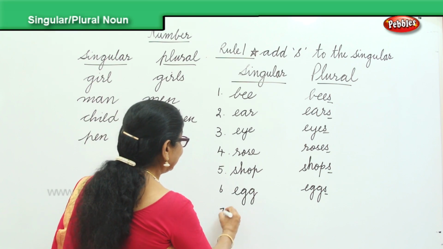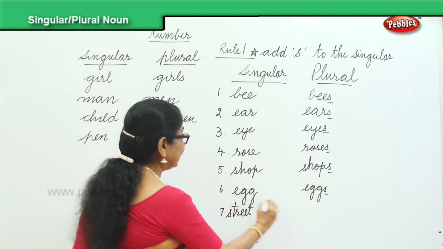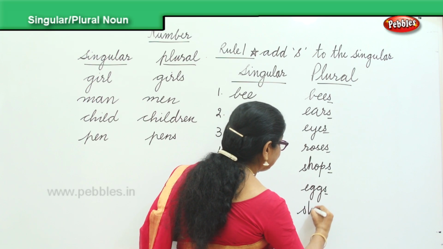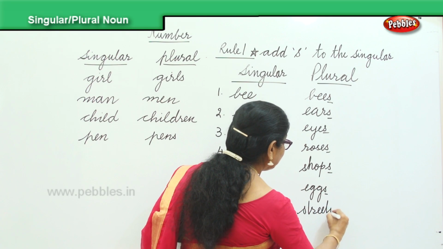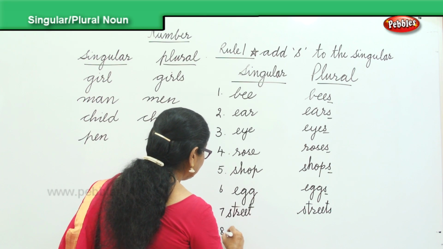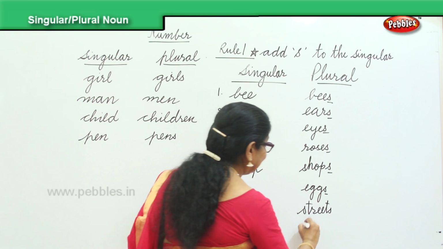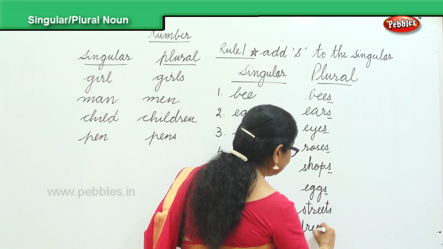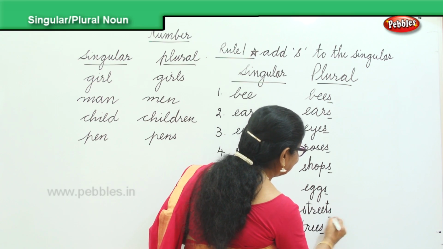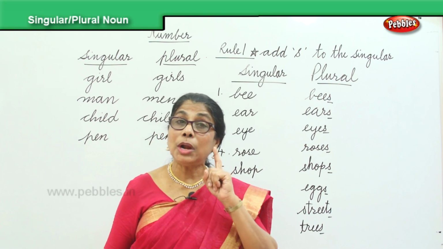Okay. Street, streets. Okay. Tree. You have tree, trees. So what have we done? Added s. Now, what is the rule number 1?